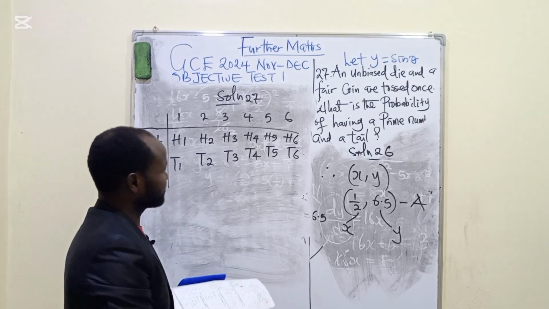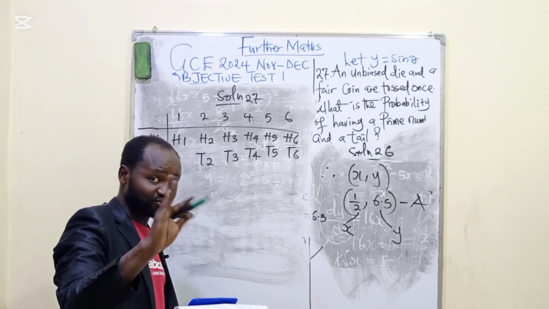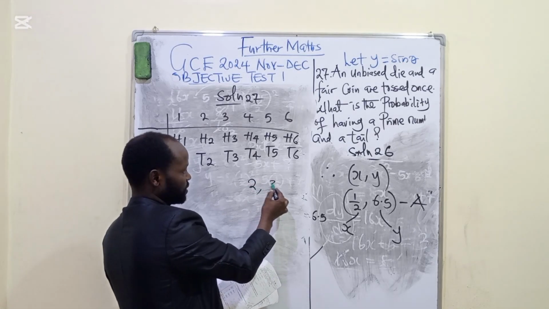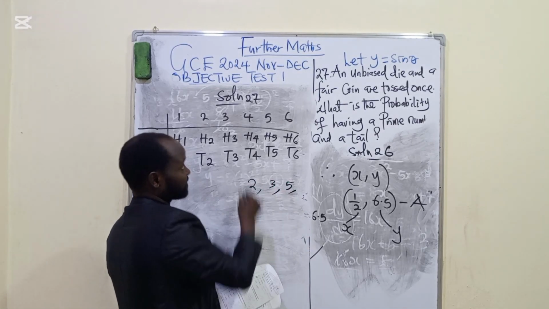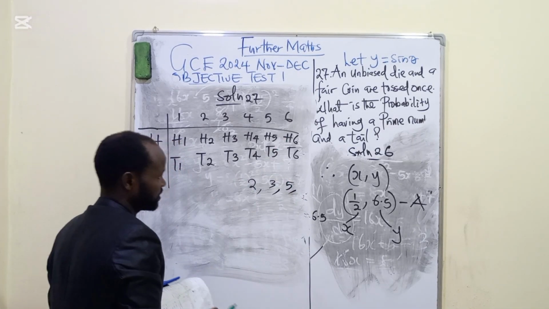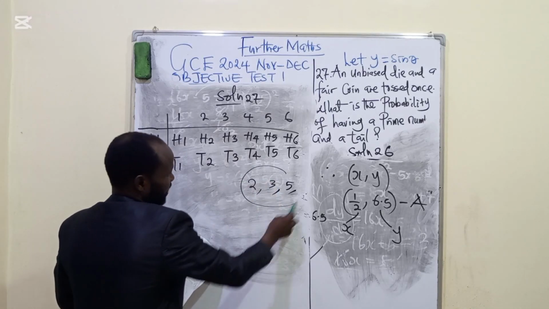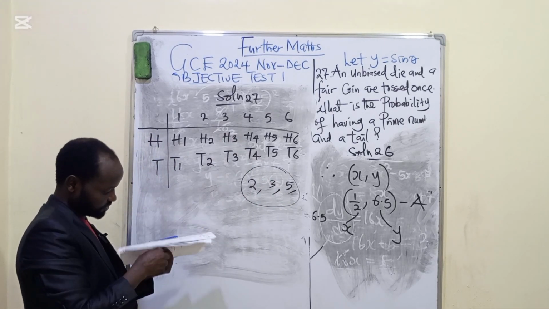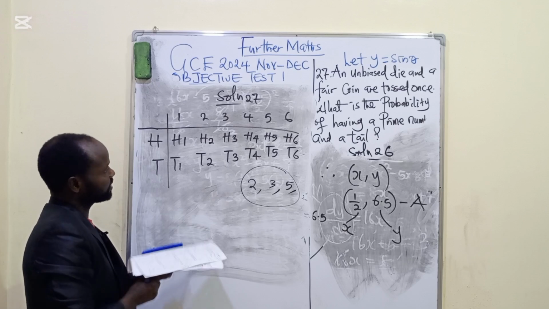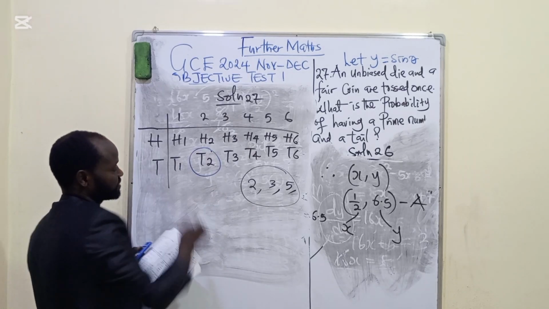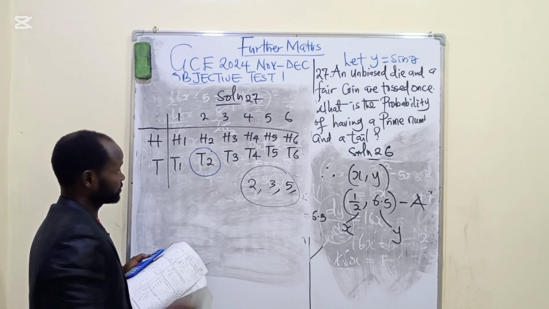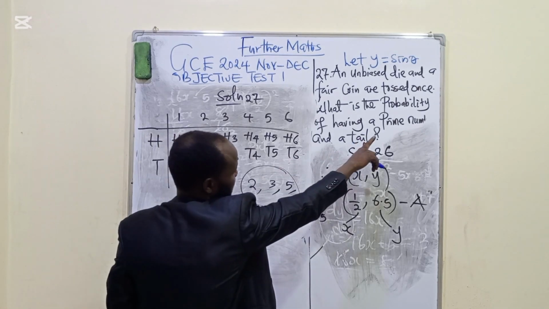Prime numbers. What are prime numbers? Prime numbers are numbers that have only two factors, 1 and itself. The prime numbers, as far as this question is concerned, are 2, 3, 5. Okay, so we look at where we will have these prime numbers and a tail. First in the sample space, and let me use this other marker, this will be our first required outcome, which is a tail and a prime number.